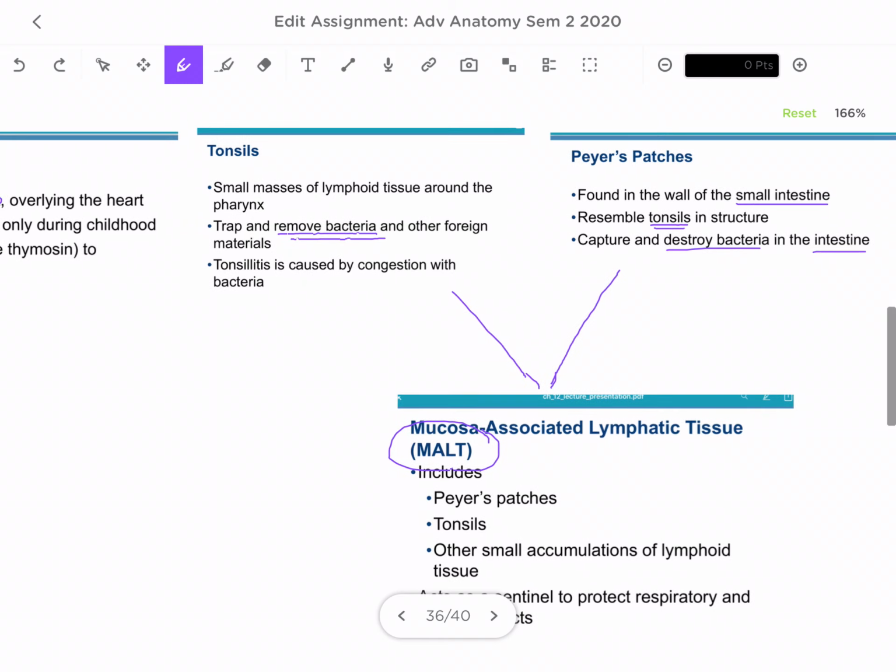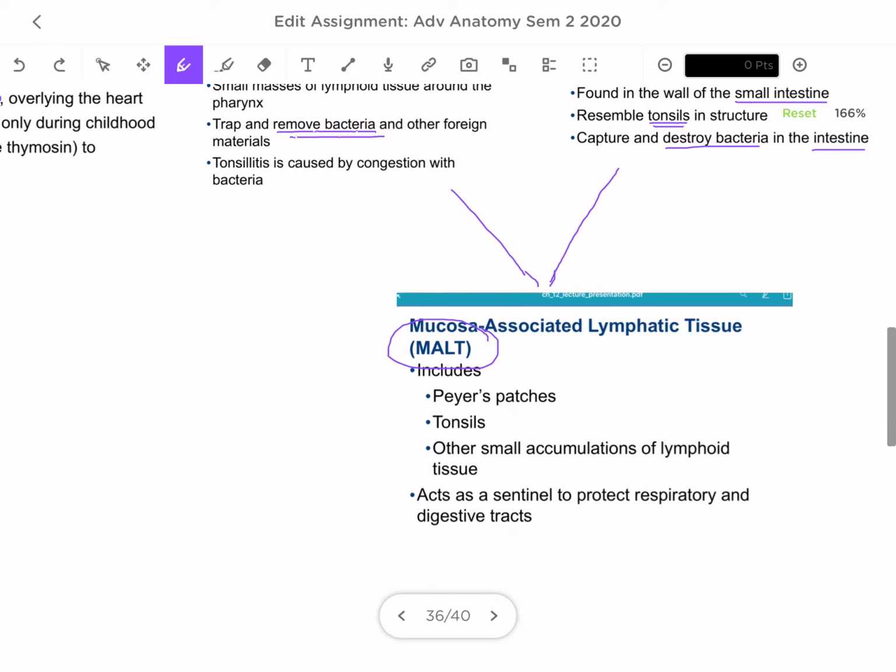And mucosa refers to mucous membranes. Peyer's patches and tonsils are both part of these lymphatic tissues. What they do is they act as places to protect the respiratory system and the digestive system.